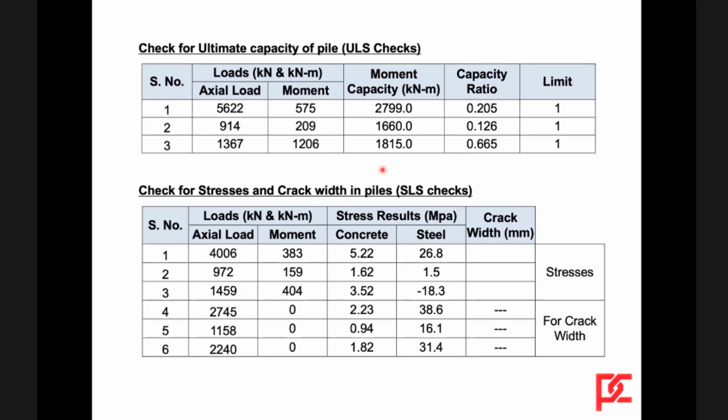This is the maximum moment case. Here we have gone up to 0.665. And for the SLS check, for the different combinations, we have got a maximum concrete stress of 5.22 and maximum steel stress of only -18, which are very less. And crack width is also 0, it's an uncracked section.